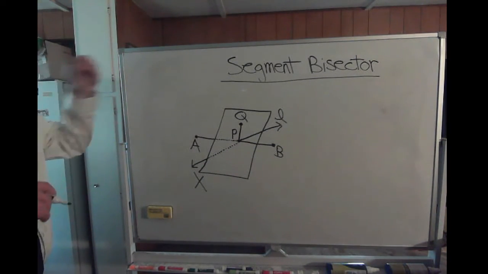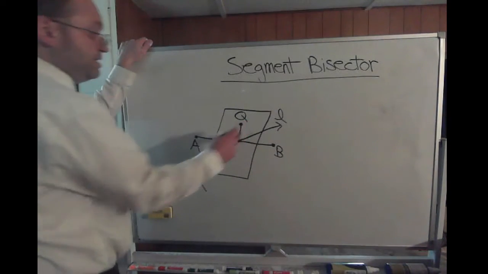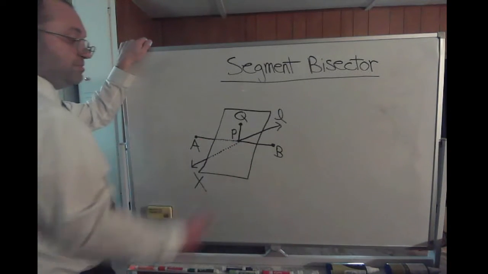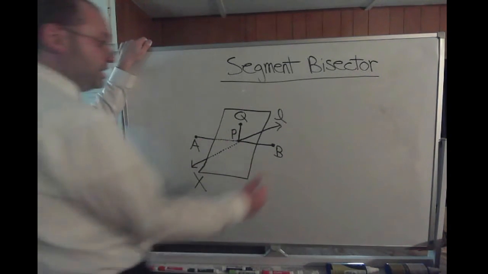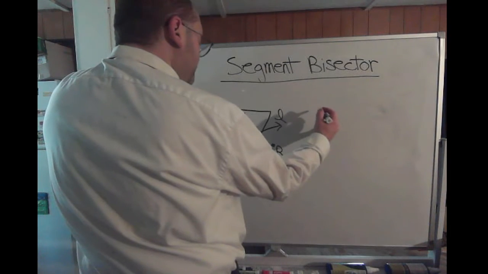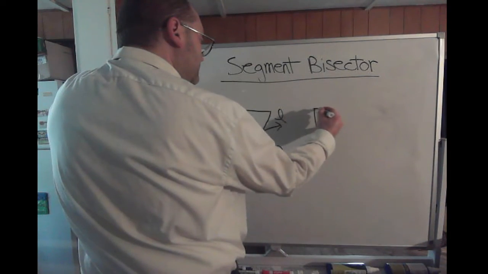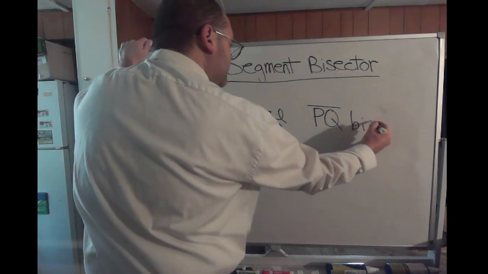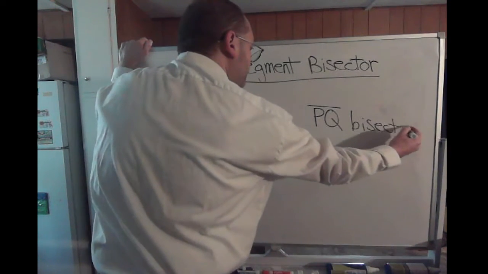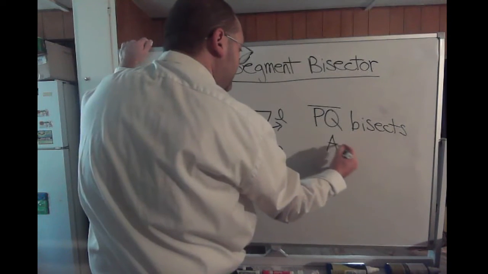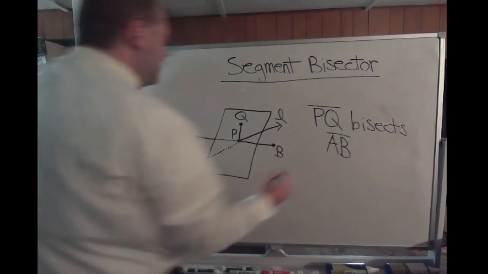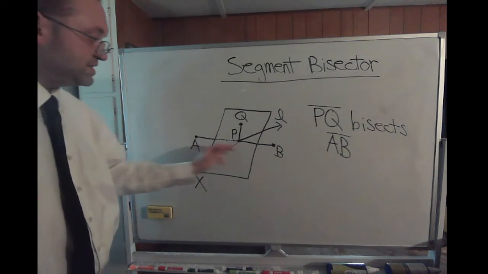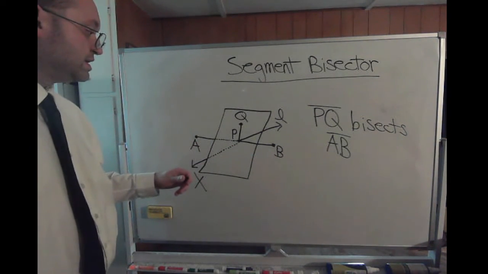So let's start with the line segment here, coming from above the plane to line segment AB. We can argue that line segment PQ bisects line segment AB. Because look at it here, you have line segment AB, starting from outside the plane going through it.